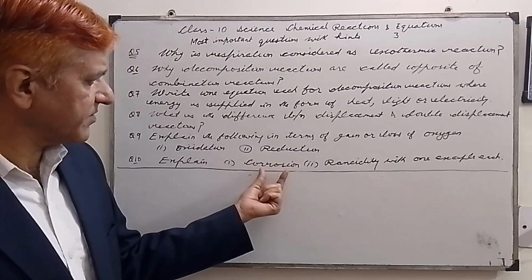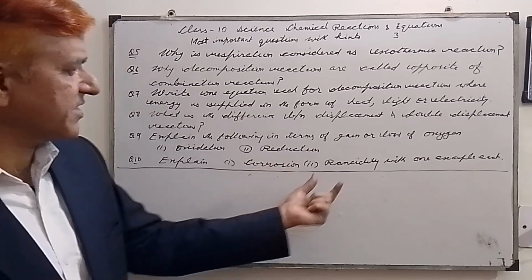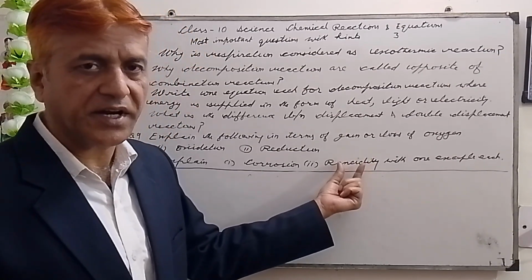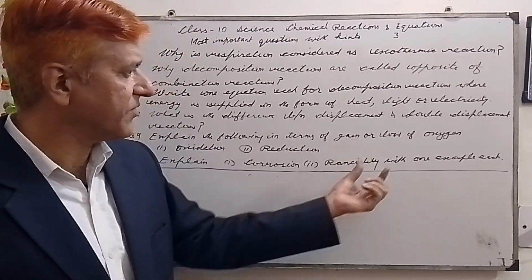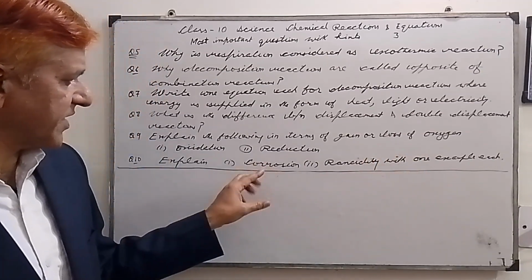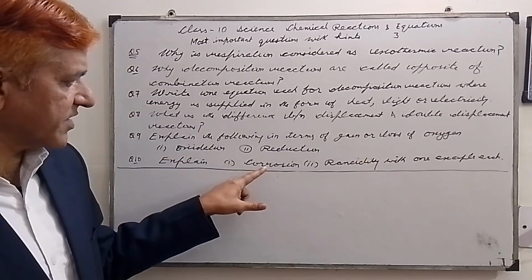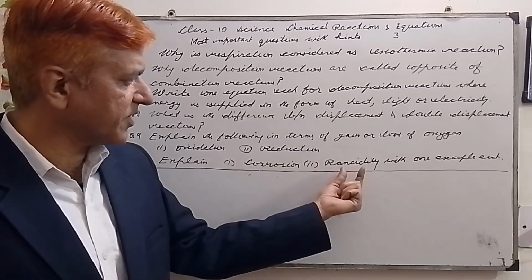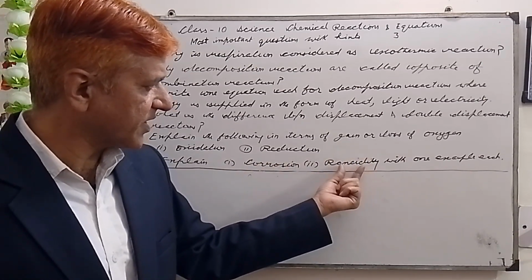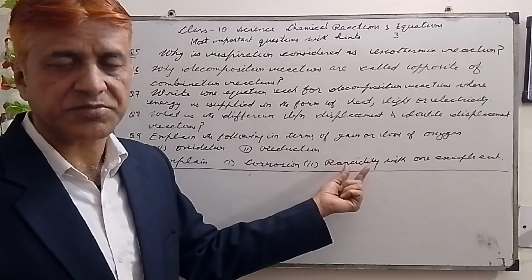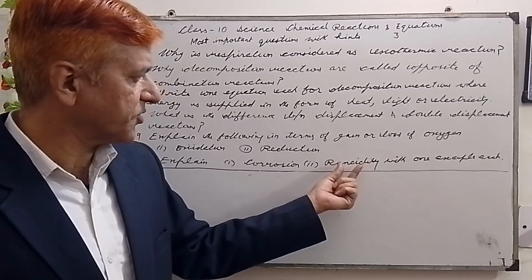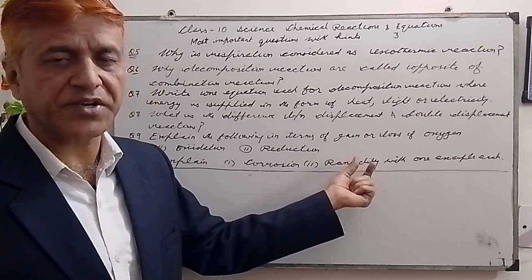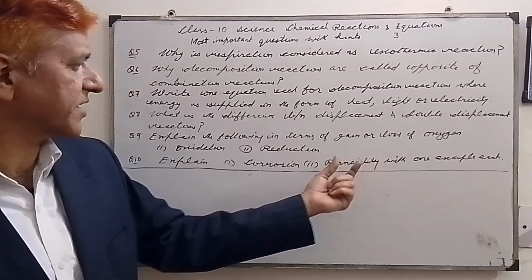And rancidity means oxidation of oily food items. For corrosion, you can give the example of rusting, and for rancidity, you can give the example of potato chips. Potato chips are kept in a bag containing nitrogen gas. That example you can give.